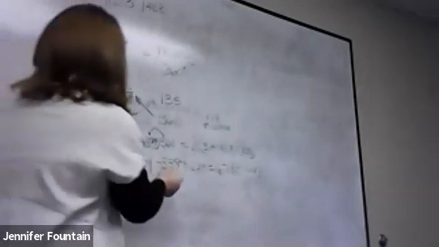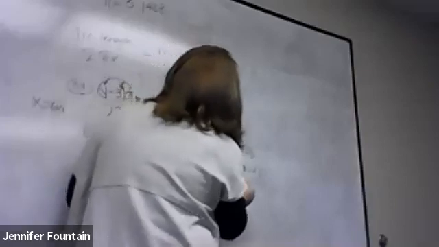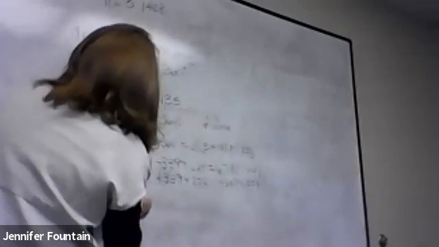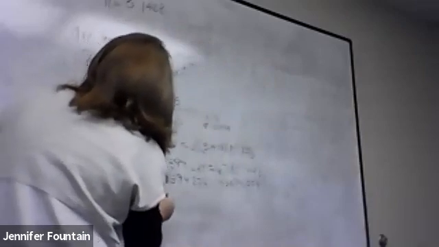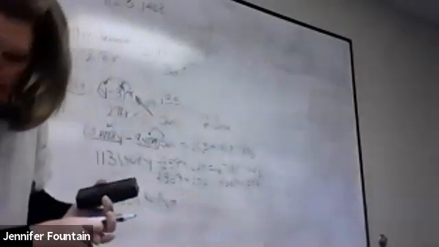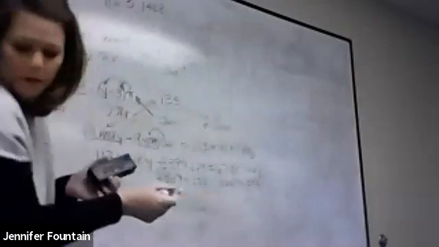Now I have it in a workable equation. What am I going to do first? Add 3394.224 plus 3394.224. So I'm going to have 1,131.408y is equal to 10,182.672.